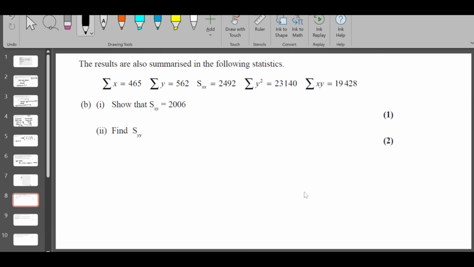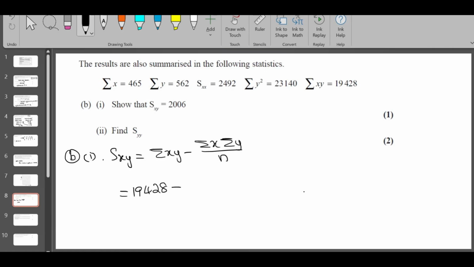Part B. The results are also summarized in the following statistics. Show that SXY is 2006. The formula for SXY is sigma XY minus sigma X times sigma Y over N. Sigma XY is this. All these formulas from chapter 5 are given in the data booklet, so you don't have to memorize them.